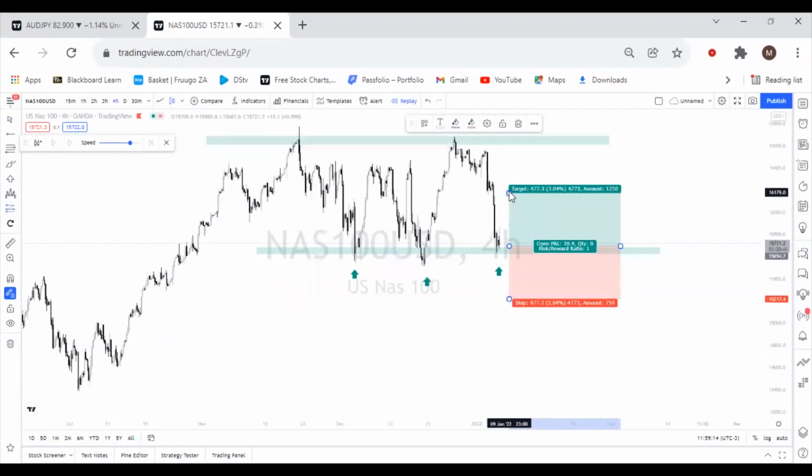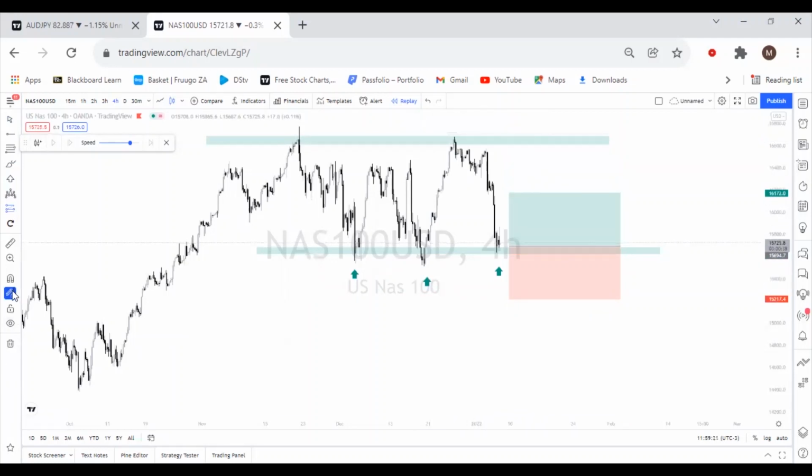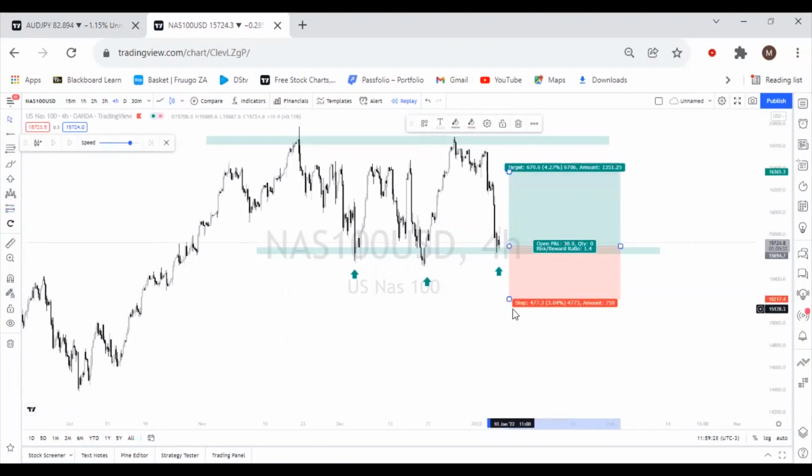But then this is Nasdaq, once again, it's an indice, so we're probably just only gonna hold till around these areas.